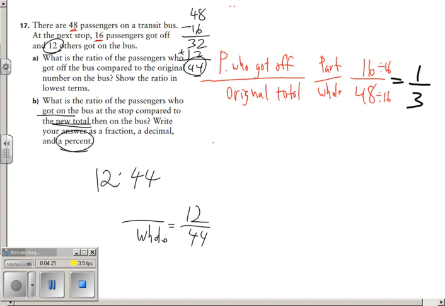If I reduce this ratio to a number that's convenient, for example, if I divide both by 4, I get 3 over 11. That only helps if you understand what 11 as a denominator is.